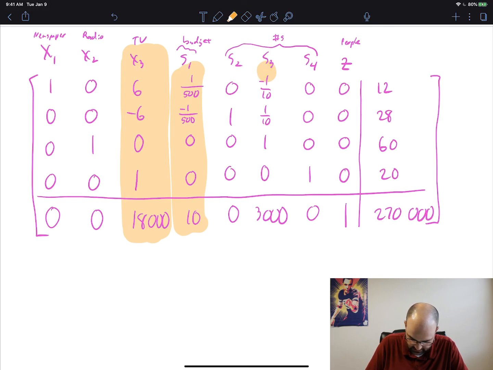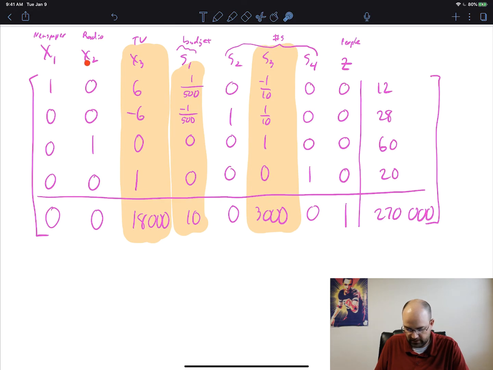But this time, S3 is 0. S2 and S4 are not 0, however. So we have non-zeros of newspaper and radio ads, and what's also non-zero left over is S2, which represents newspapers, and S4 represents TV ads. Okay, so S3 represents radio ads. So we've used all the radio ads we can use.